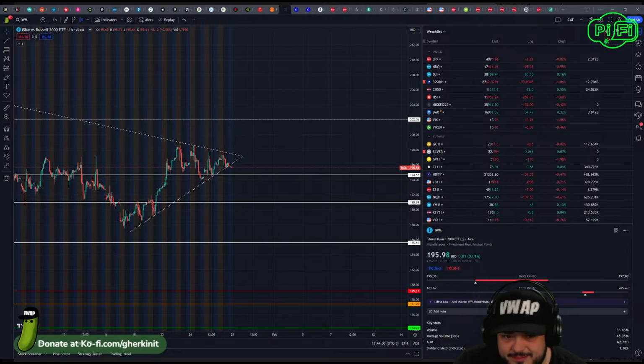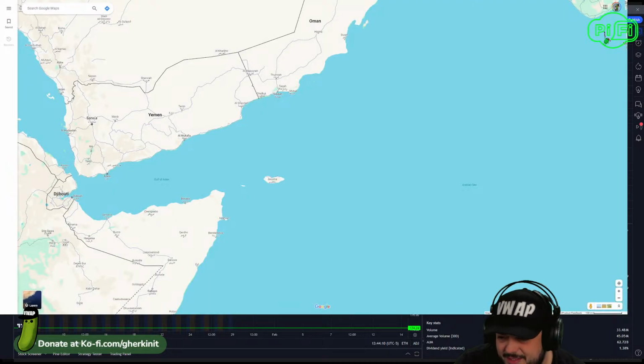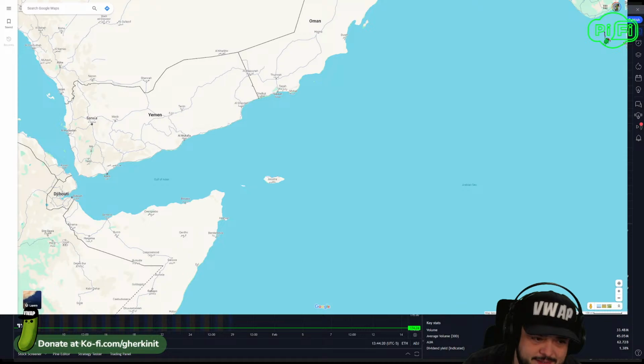Here, hold on. I can just pull up Google Maps and show people. I don't think so. That's a technology that doesn't exist yet. Boom. Look at that. Let Bart make the image for you. So, this little fucked off area in here somewhere.